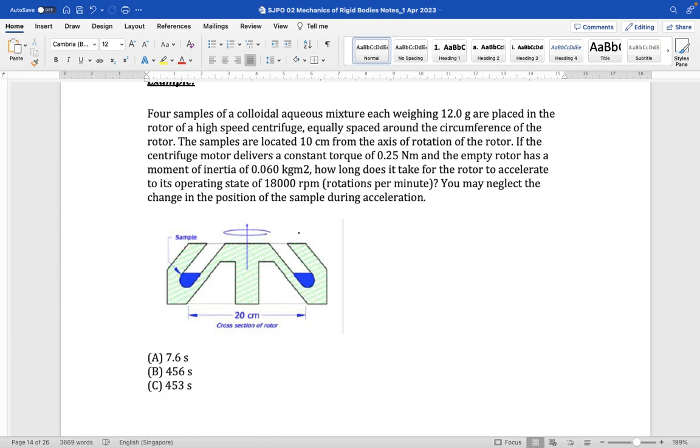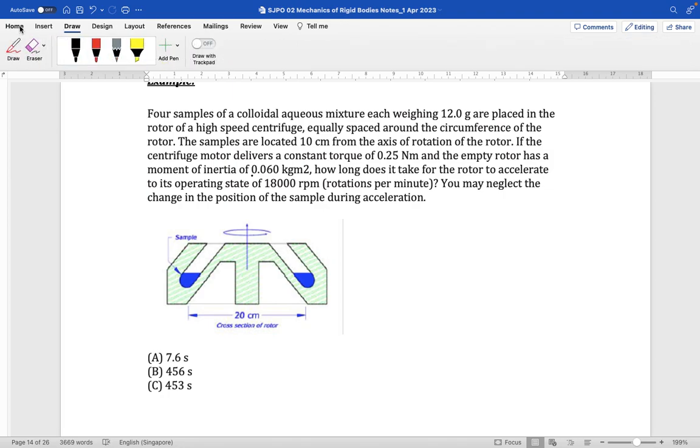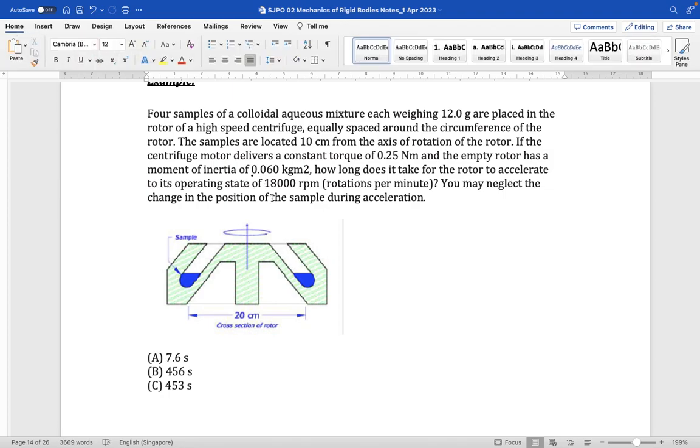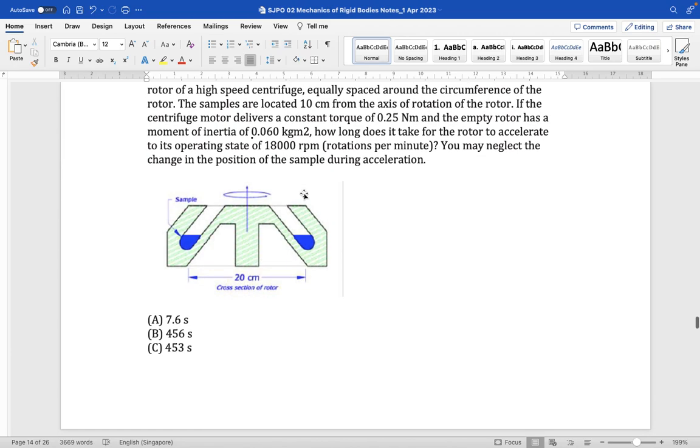So how long will it take for the rotor to accelerate, assuming from rest, to a final operating state of 18,000 rotations per minute? Take note, this is an analogy to linear acceleration. Let us take a look.